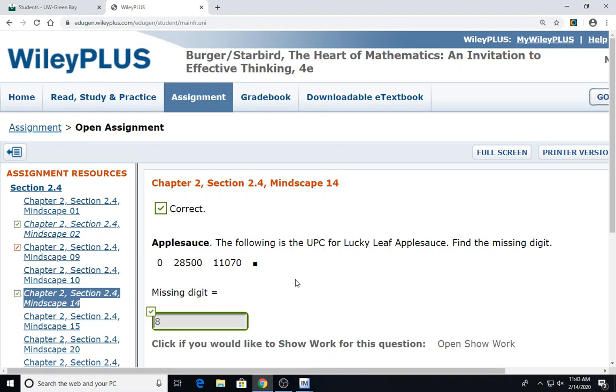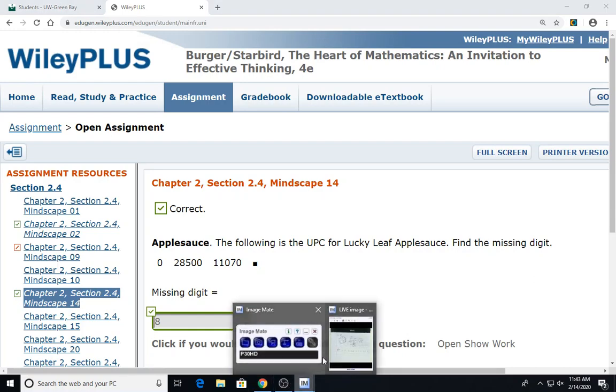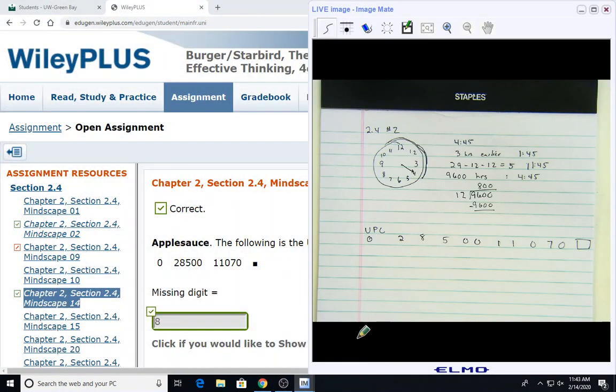So I'm going to write it down with lots of space in between each digit. So 0, 2, 8, 5, 0, 0, 1, 1, 0, 7, 0, and then I don't know the last digit, so I put a box.